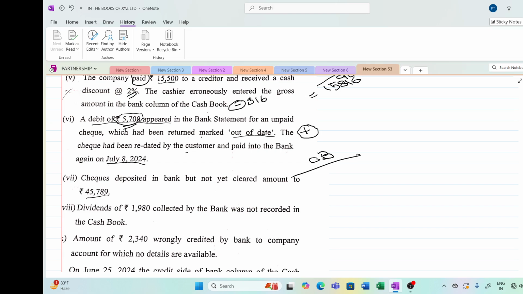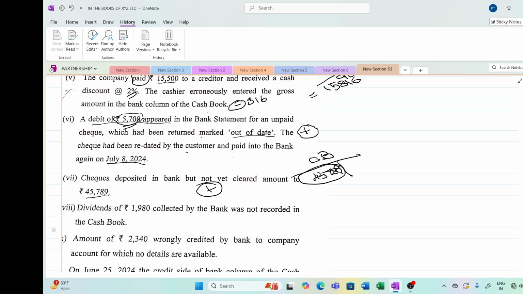The moment they sent some check to bank, they would have written here 45,789. The moment you write here means some amount is received in your account. So this will reduce your overdraft. But this is not the case with the bank because bank has not yet given us credit. So as far as bank is concerned, this amount is overdraft. So you have to add it to the overdraft.